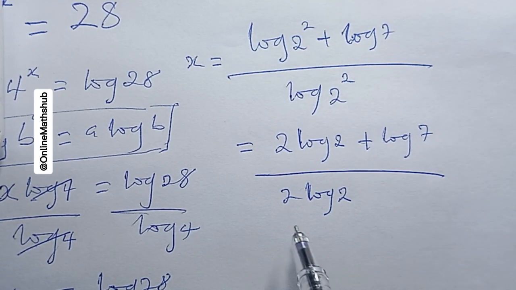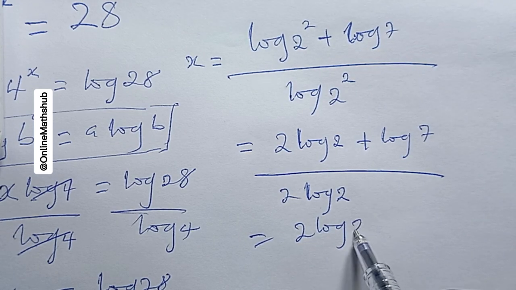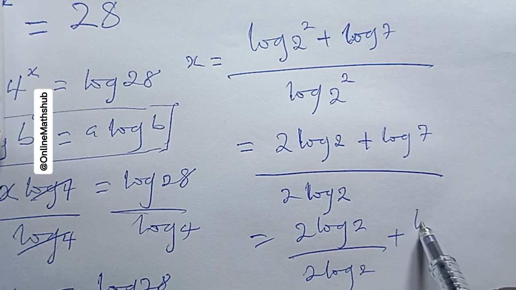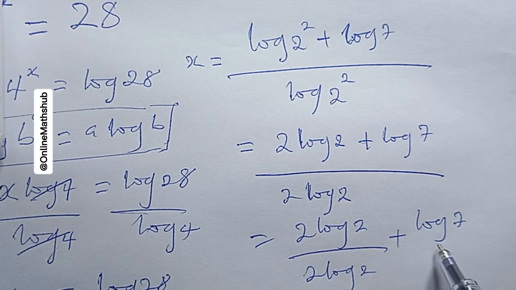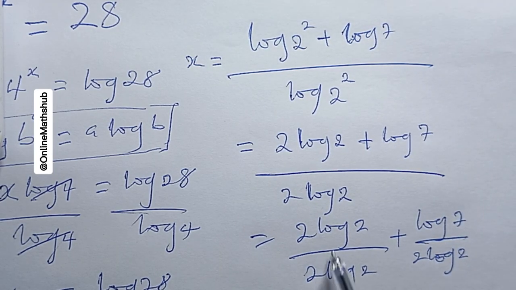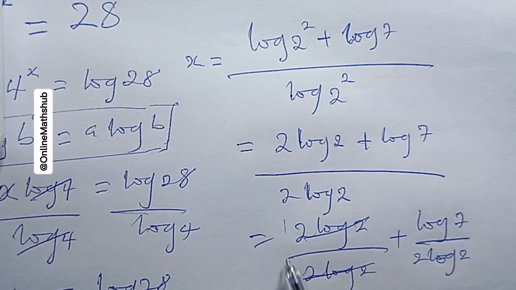Okay, so we can divide through. So this is 2 log 2 divided by 2 log 2, plus log 7 divided by 2 log 2. Okay, so this should be equal to 1.